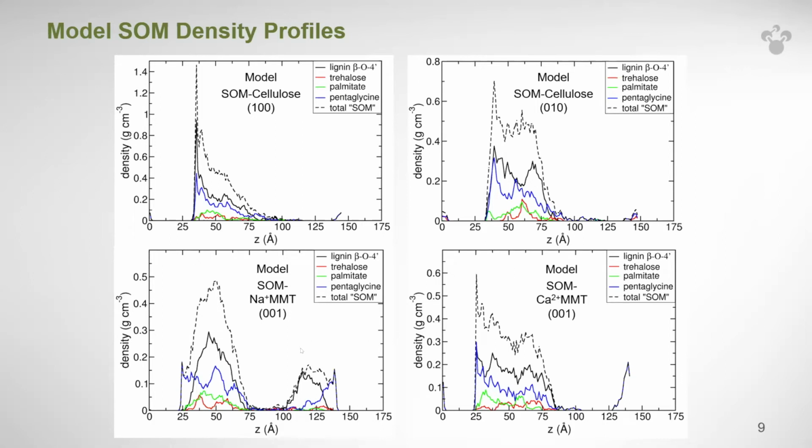And we also find that in general, the soil organic matter broke in two, and part of it was on the upper surface and part of it was on the lower surface.